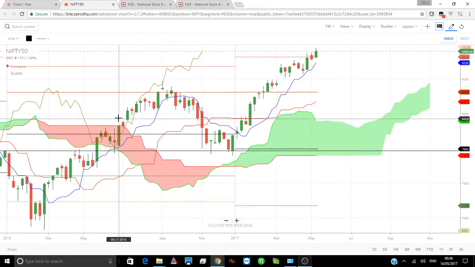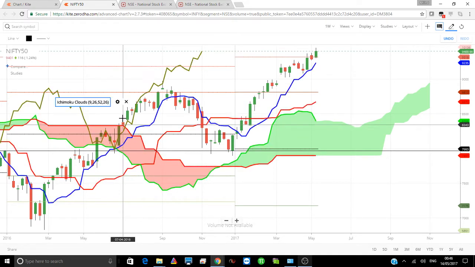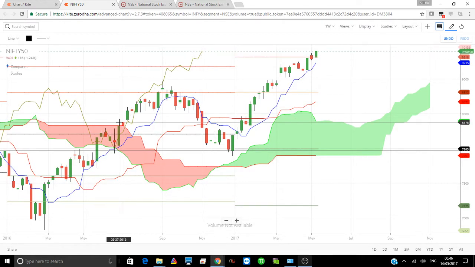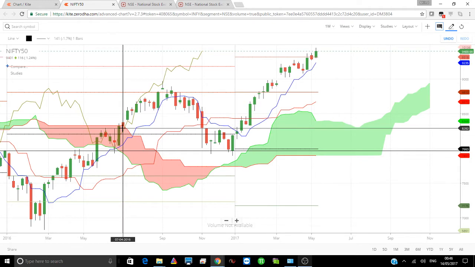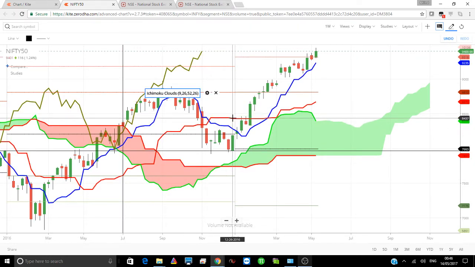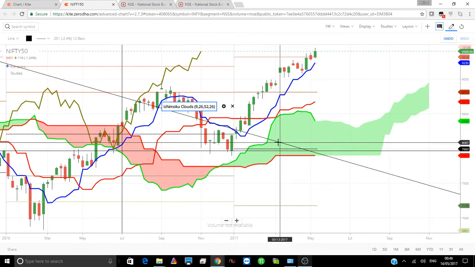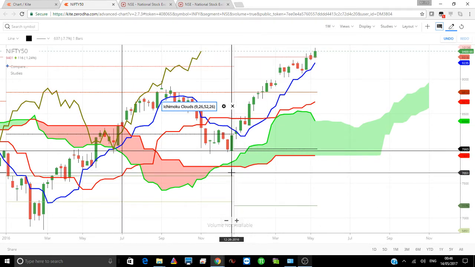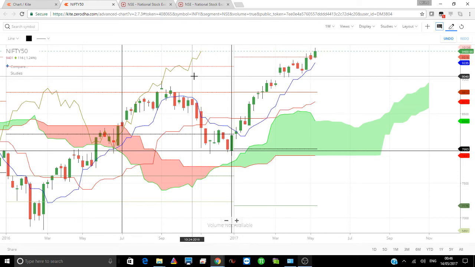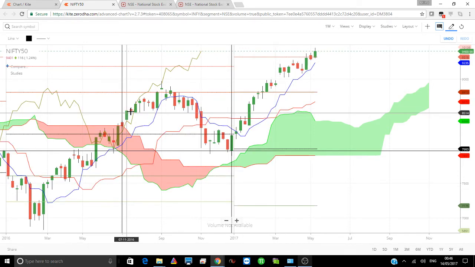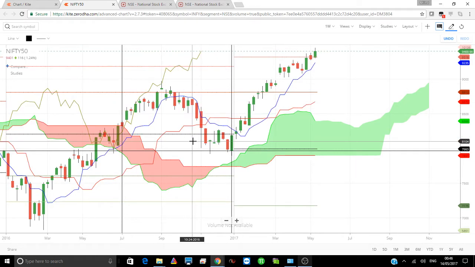Right time to buy Nifty was probably somewhere between this line and this time. So Nifty actually did give you a good opportunity between these two times to go long. If you have missed it, you missed it.